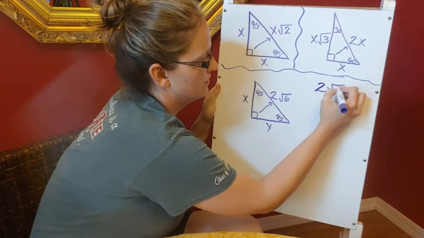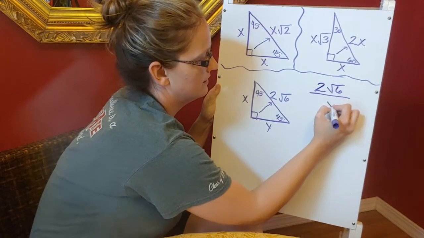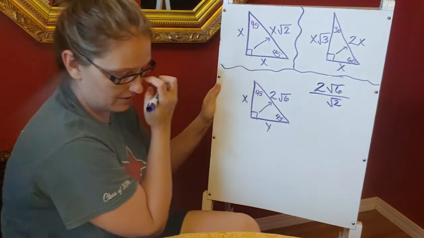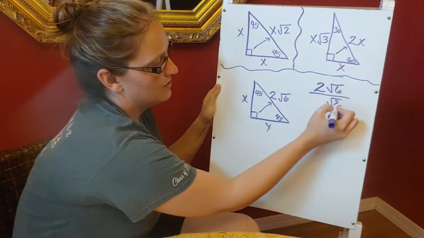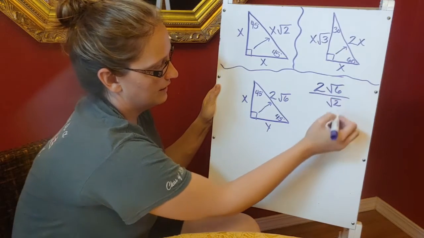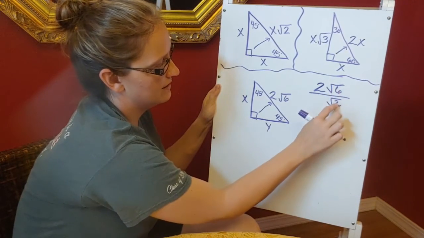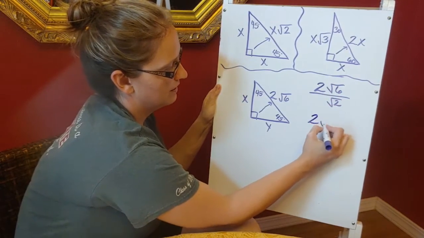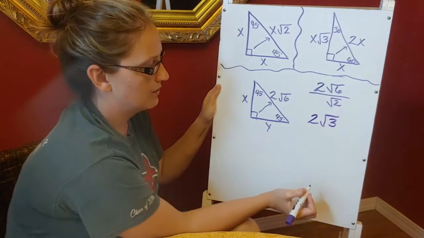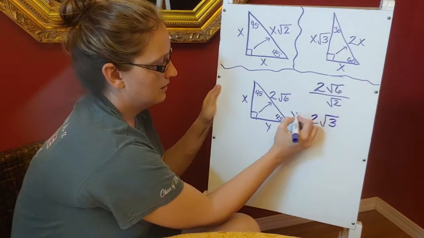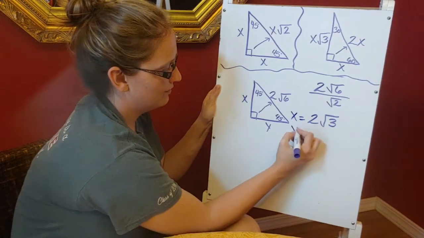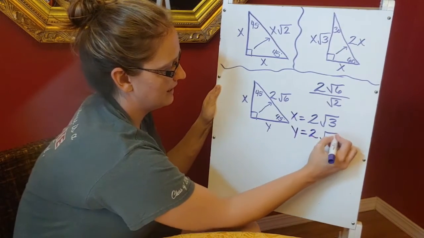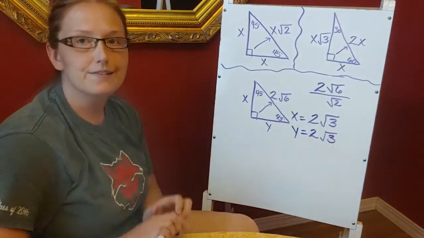So 2 square root of 6 divided by the square root of 2. Now whenever I divide this out, I'm dividing my square roots right here. Okay, so 6 divided by 2 is going to leave me with the square root of 3. So that's x, but it's also y, because in a 45, 45, 90, those two measurements are the same.